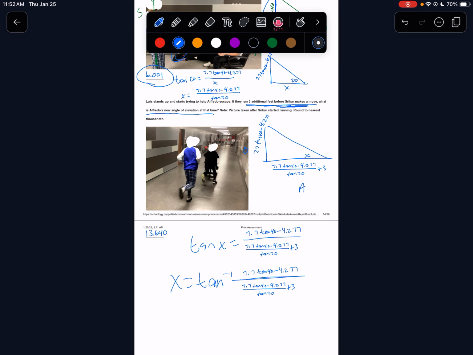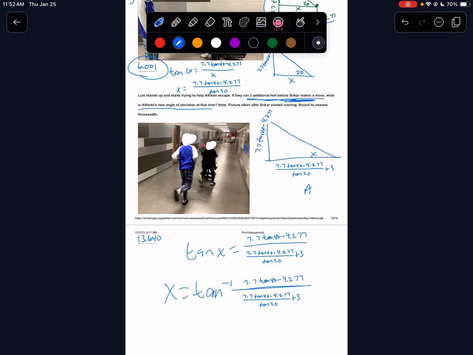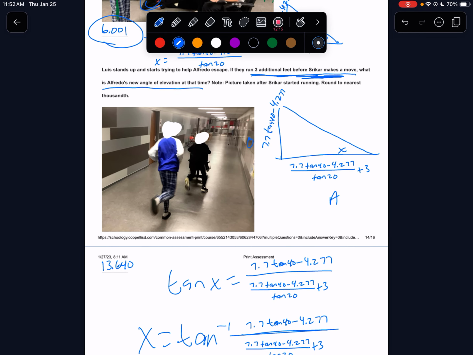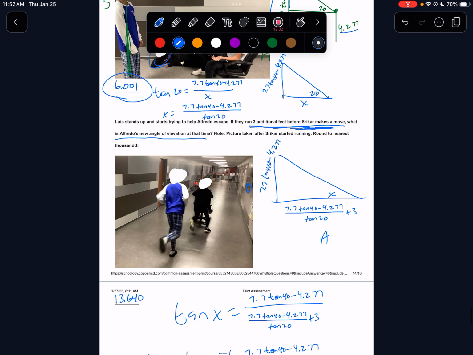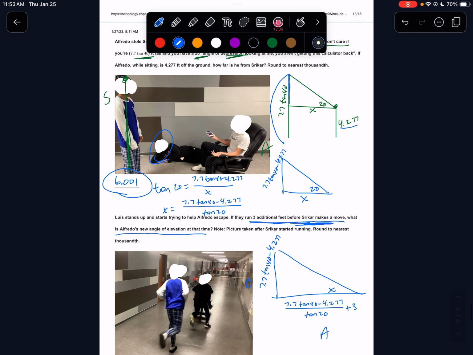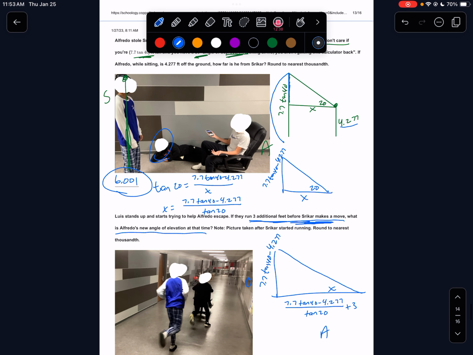Oh dear. I'm getting a different answer. Let me look at this real carefully again. Luis stands up and starts trying to help Alfredo escape. They run an additional 3 feet. What is Alfredo's new angle of elevation at that time? So this was 7.7 tan 40 minus 4.277.